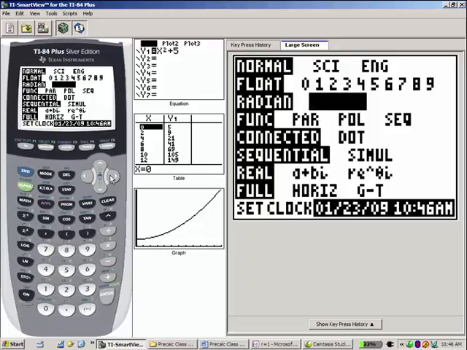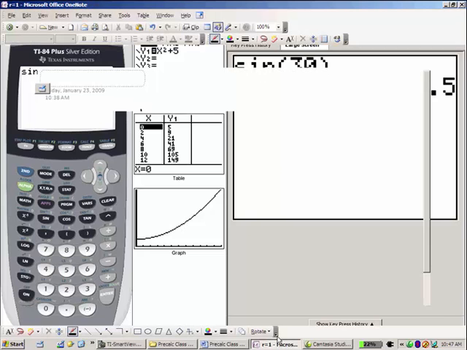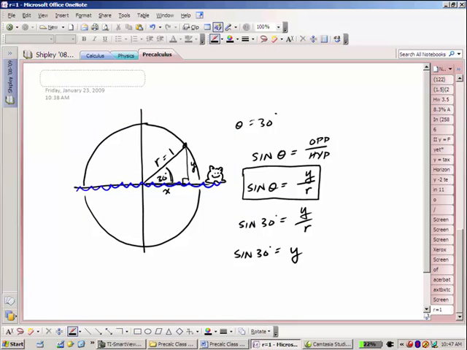So make sure you're in degree mode. Second, quit. The sine of 30 degrees is 0.5. So this actually tells us after she's rotated 30 degrees, she is 0.5 above the water.